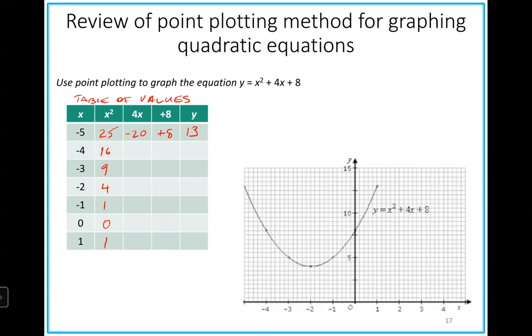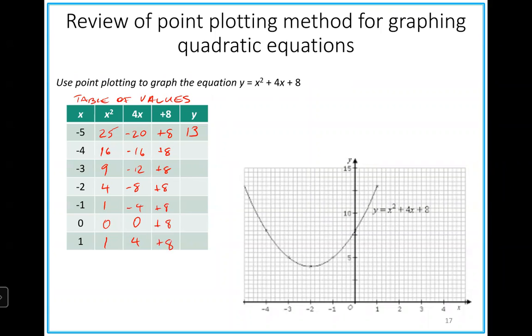Then 4 times -4 would give -16. 4 times -3 is -12. 4 times -2 gives you -8. That's -4. That's 4 times 0 is 0. 4 ones are 4. Then, of course, you just put +8, +8, +8, +8, +8, +8.